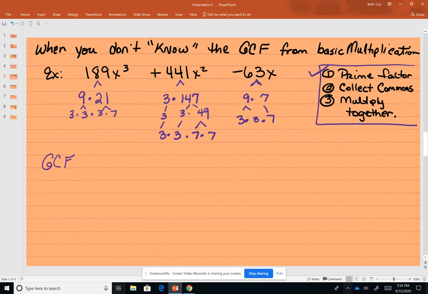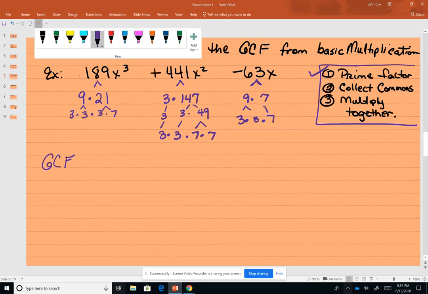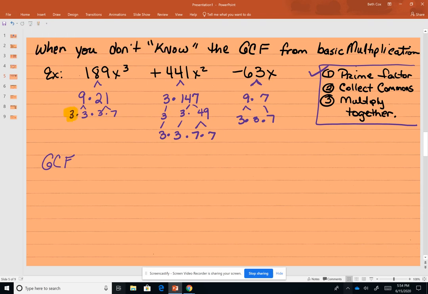Okay, so when we go collecting common factors, let's look. I've got a 3 here, a 3 here, and a 3 here. Okay, so they've got a 3 in common. But look, they've got another 3 here, another 3 here, and another 3 here.